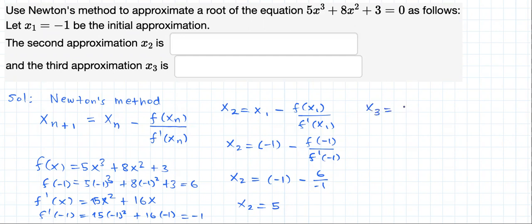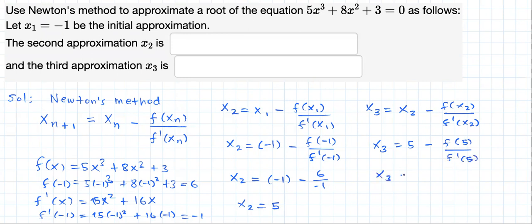x3 should be the previous x2 minus f of x2 divided by the derivative of the function evaluated at x2. x3 should be equal to x2, which is 5, right? Minus our function evaluated at 5 divided by its derivative evaluated at 5.